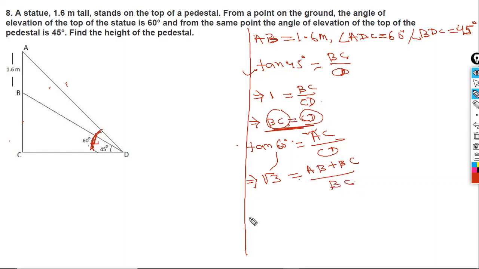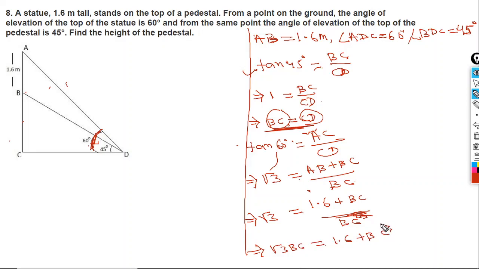Okay, so root 3 equals, we know the value of AB, look at the figure, AB is 1.6, just write 1.6 plus BC divided by BC. Now we will cross multiply it. Root 3 BC is equal to 1.6 plus BC.